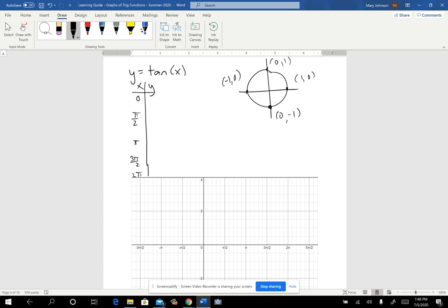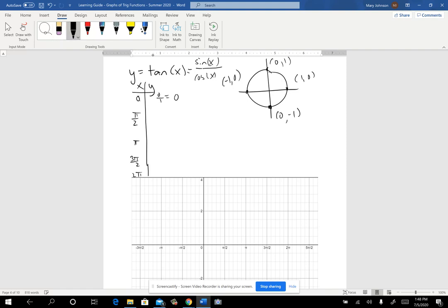So tangent, remember, is sine over cosine. That means we can still use those ordered pairs, but we're just going to be doing a fraction. The value of tangent when x is 0 would be 0 over 1, so that would be 0.